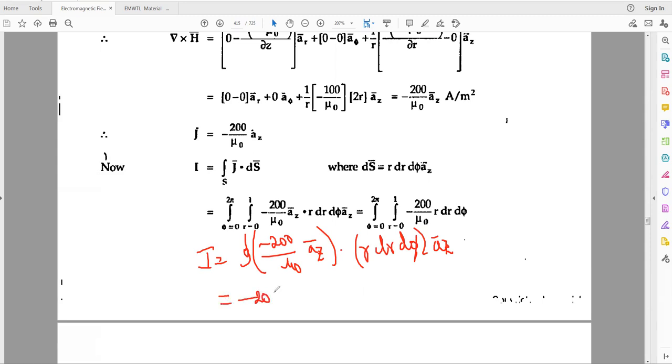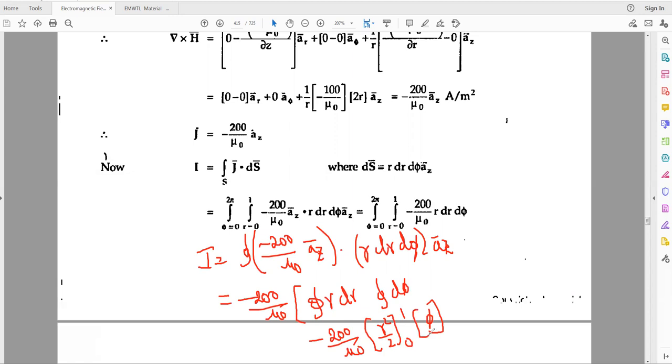So minus 200 by mu naught is a constant. AZ bar dot AZ bar is equal to 1. And here the integrals are R into dR and dφ. R into dR is R square by 2, with R upper limit 1 and lower limit 0, and dφ upper limit 2 pi and lower limit 0.